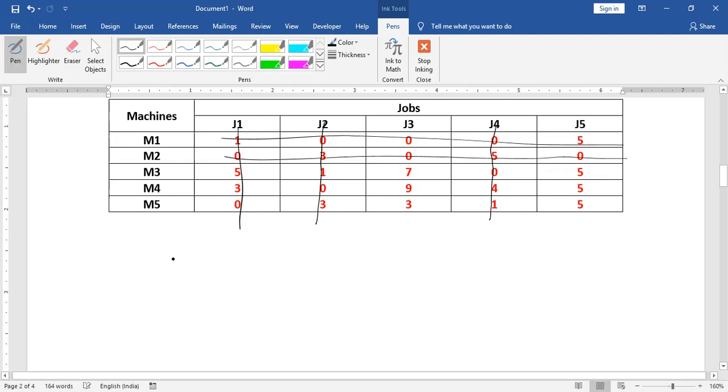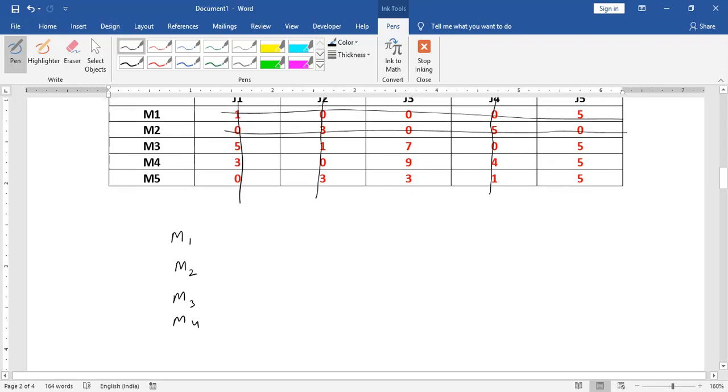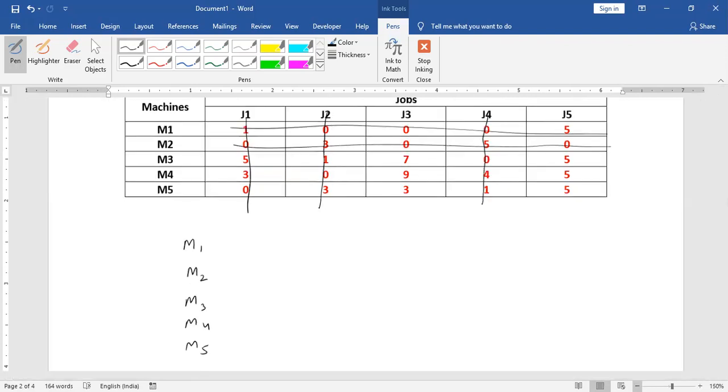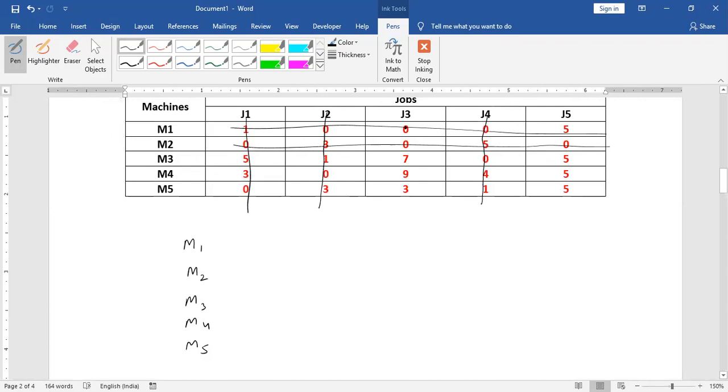Now we are going to assign the jobs. We have M1, M2, M3, M4, and M5. So how will we allot them? There is a particular system. The method is, you find the minimum number of zeros in each row.